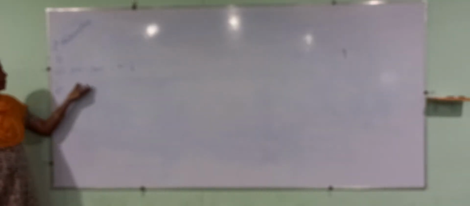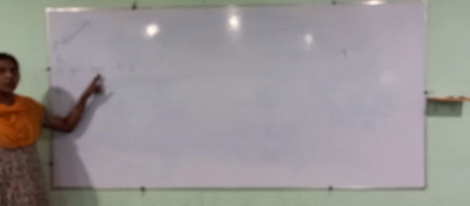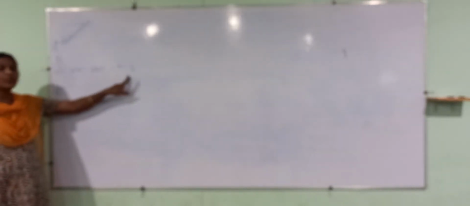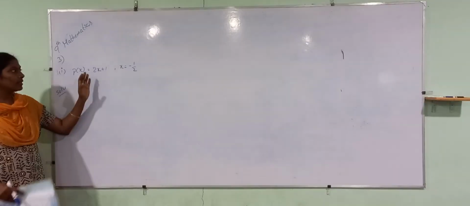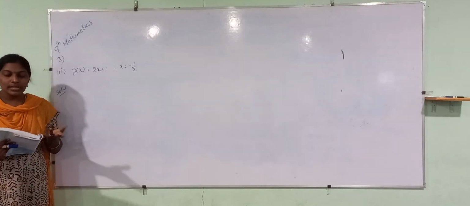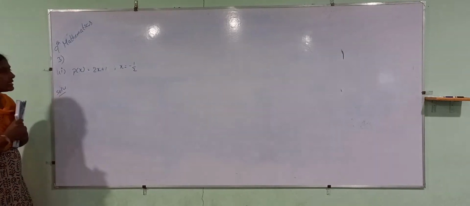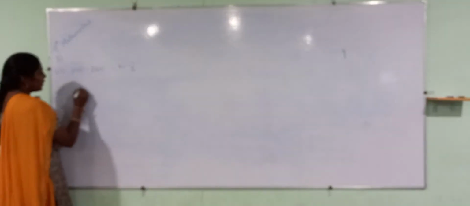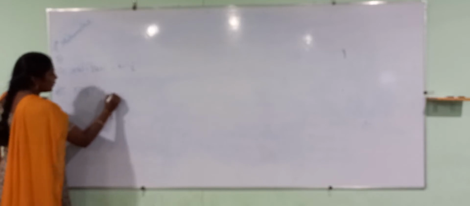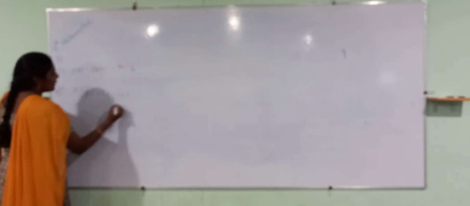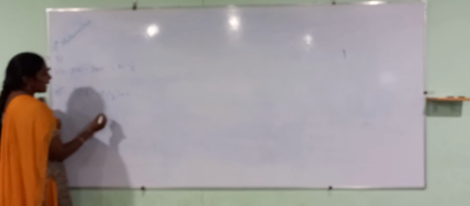This is the problem. They have given this expression 2x plus 1. When we substitute the value x as minus 1 by 2, if we get 0, then minus 1 by 2 is the 0 of the polynomial. Otherwise, it's not. Let us check. P of minus 1 by 2 is equal to 2 into minus 1 by 2 plus 1. 2 cancel.